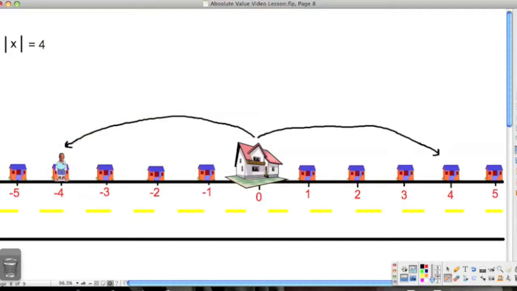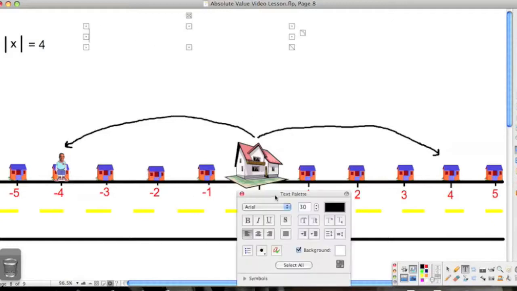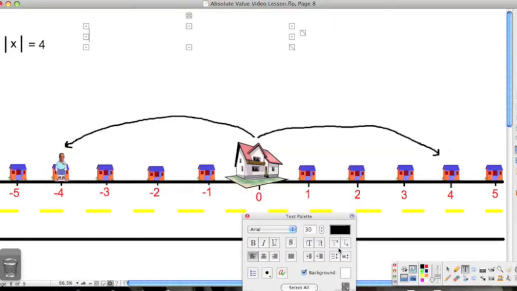So how would we answer that? If there are 2 houses that are 4 away from me, we would say x equals 4 and negative 4. You might see it written like this: x equals 4, negative 4, or x equals 4 and negative 4, without the comma.